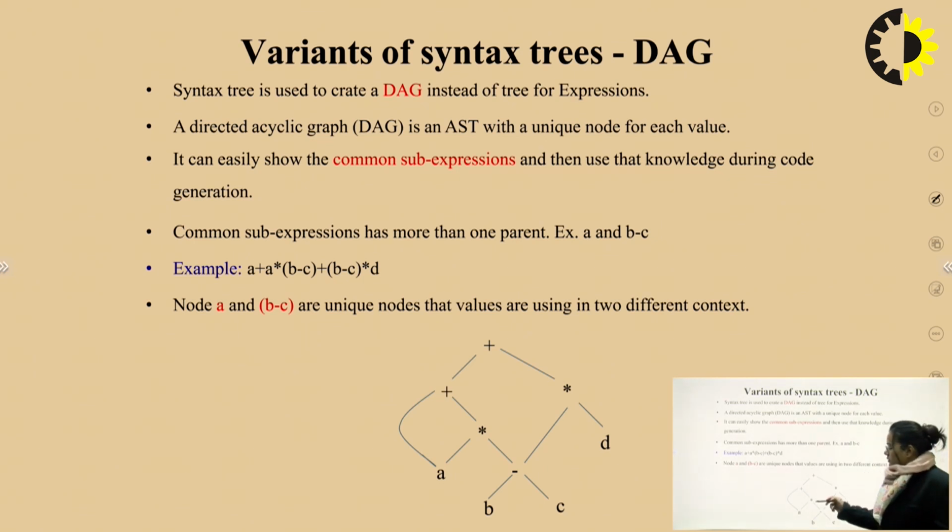Now, this is the directed acyclic graph for this example. Firstly, we create a leaf node a, then after that b - c, where b is the left child and c is the right child of the minus node.